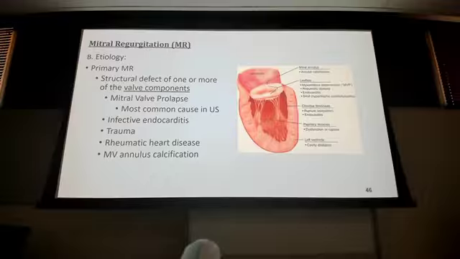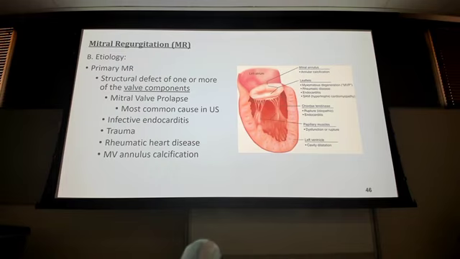So it's the valve leaflets that are diseased. When we talk about secondary causes of regurgitation, we're now talking about structures outside of the valves that lead to damage or lead to the valve not functioning properly.